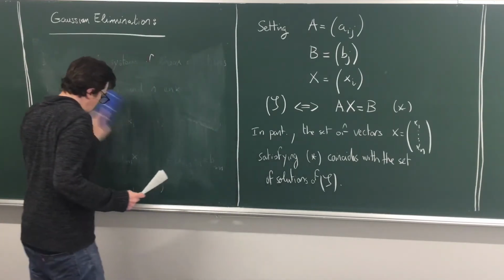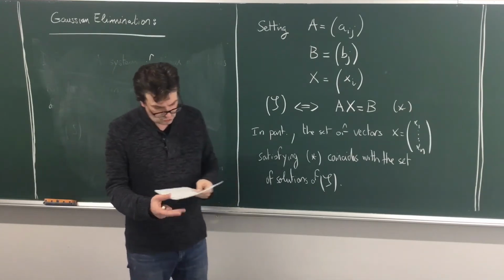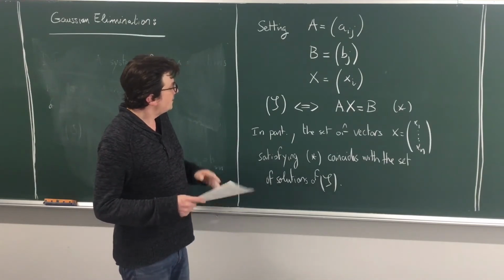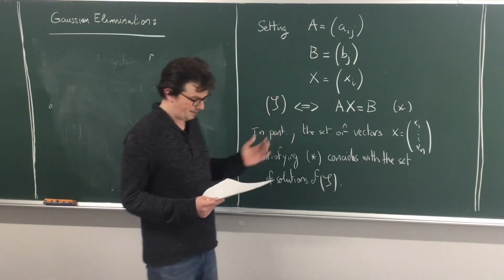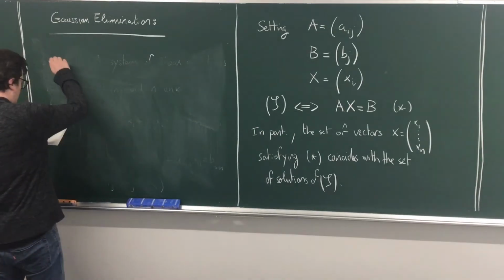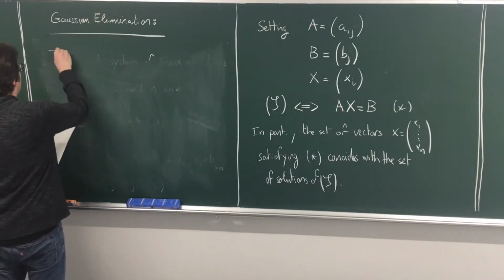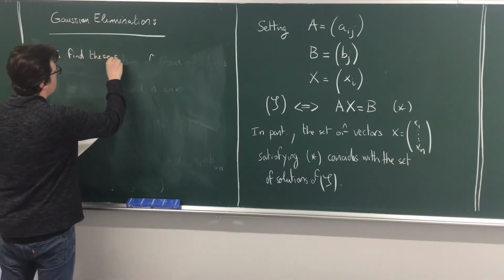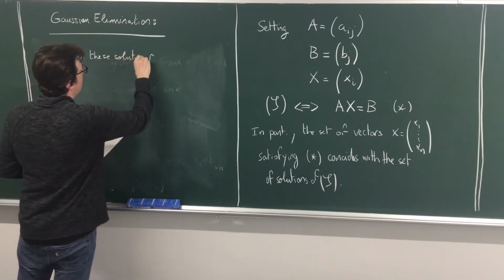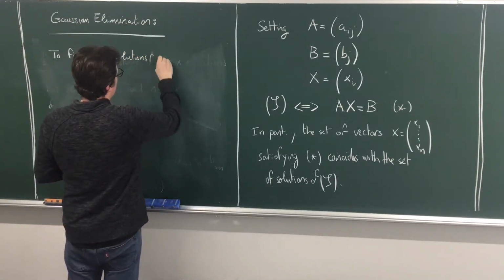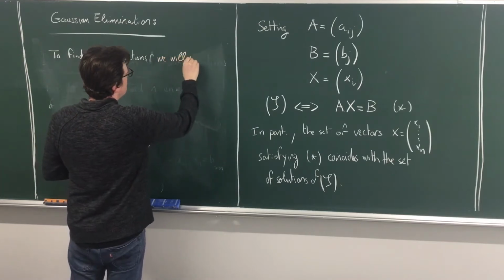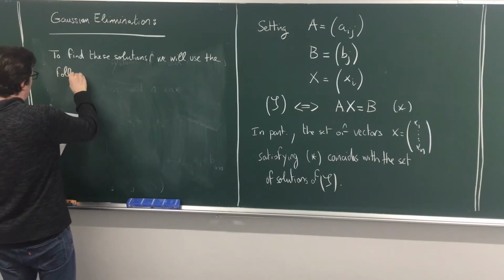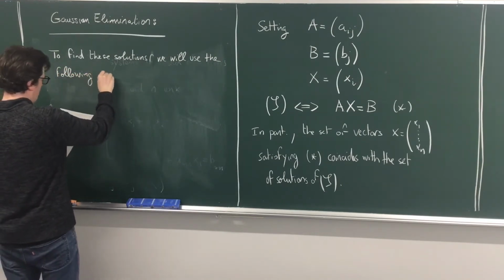First of all, we are going to use a matrix called the augmented matrix that is gathering all the information about the system S. So let's say that to find these solutions, we will use the following matrix.